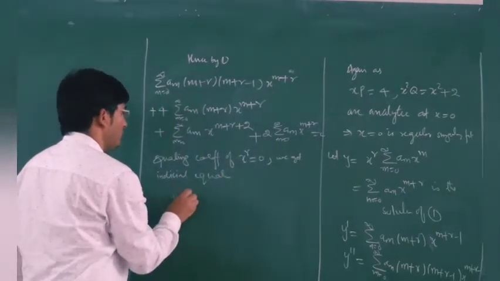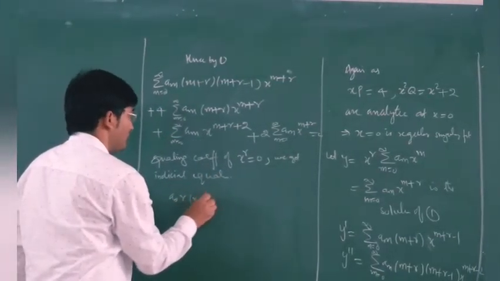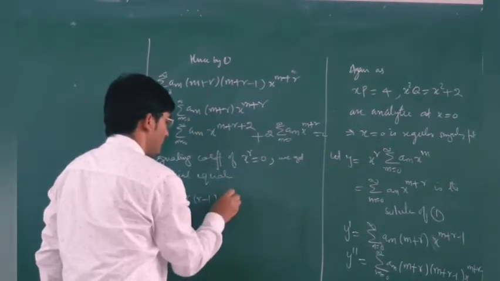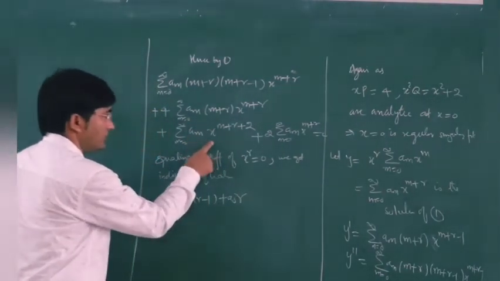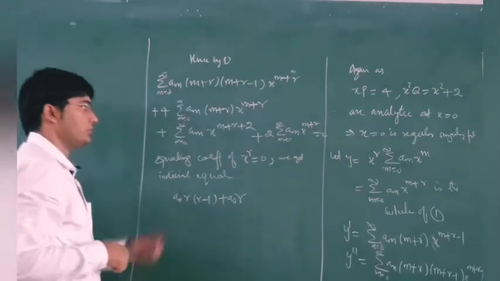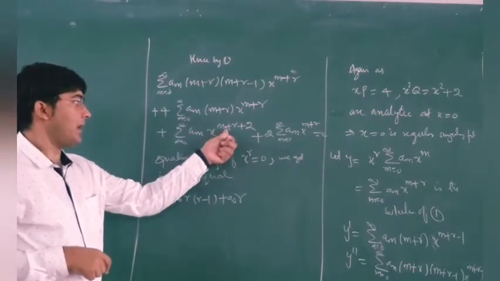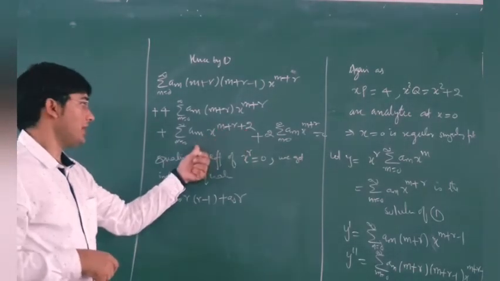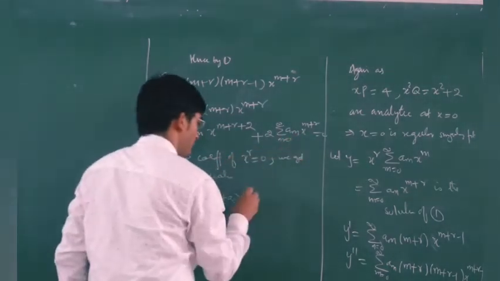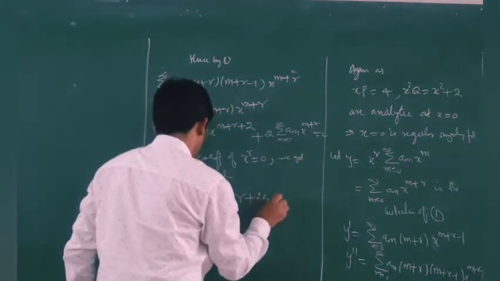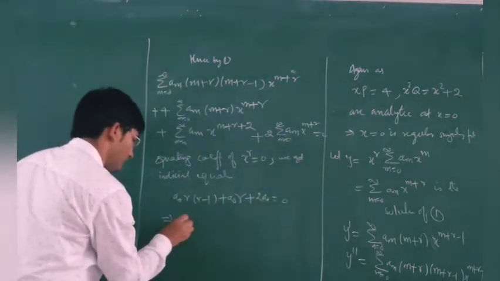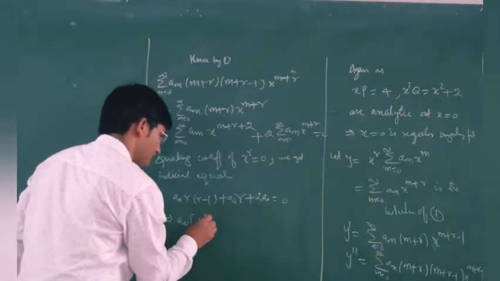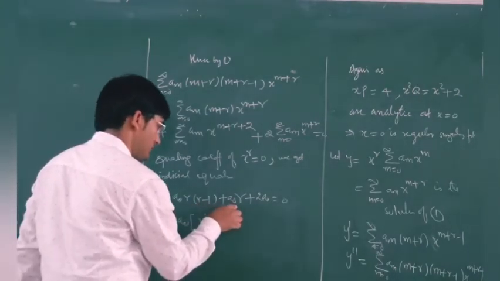So we have a naught into r into (r minus 1). Then from here we will have 4 a naught into r. We will not take the x square term because it will give the power r plus 2 if you put m equal to 0. And again from here we have 2 a naught. So let us take a naught common, then in the bracket we will have r square, then this minus r plus 4r will get combined.